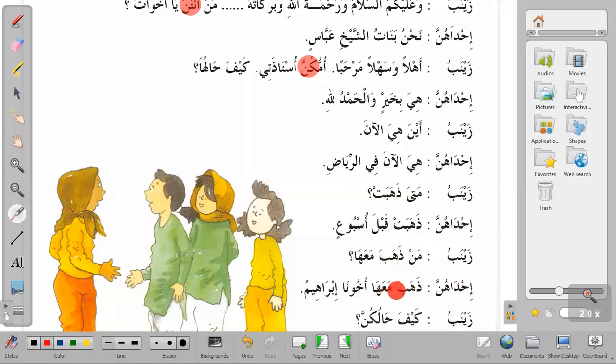One of them said, Zahaba ma'aha Ahuna Ibrahim. So Zahaba ma'aha, went with her, is Ahuna Ibrahim, our brother Ibrahim went with her. I hope that is clear.